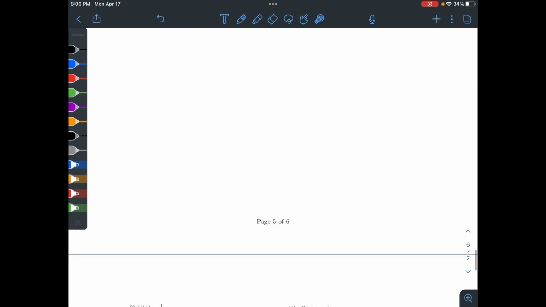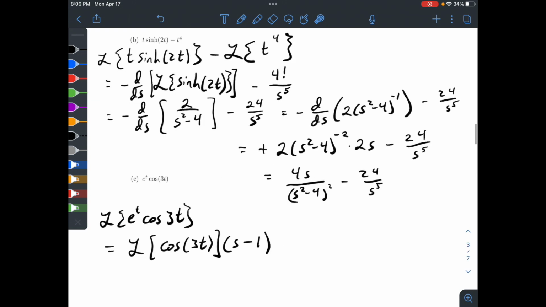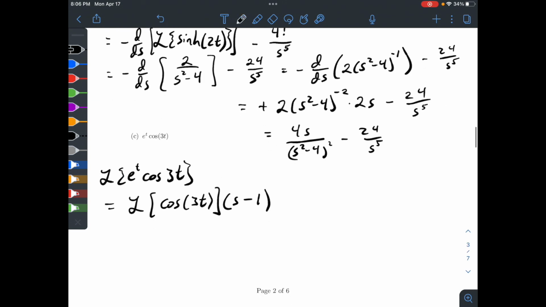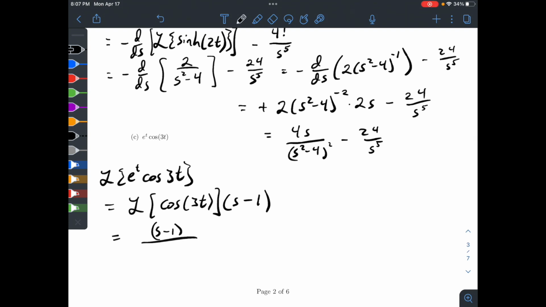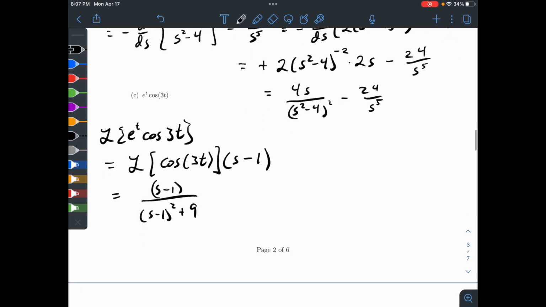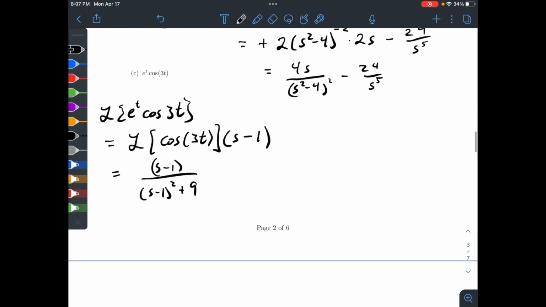Okay, so the Laplace transform of cosine of 3t is s over s squared plus 9. But instead of s's, we want to use s minus 1. So I'm going to replace all of my s's with s minus 1s. So s minus 1 over (s minus 1) squared plus 9.